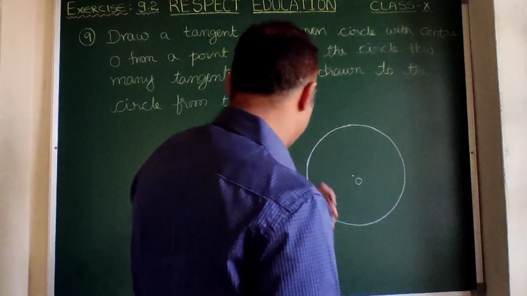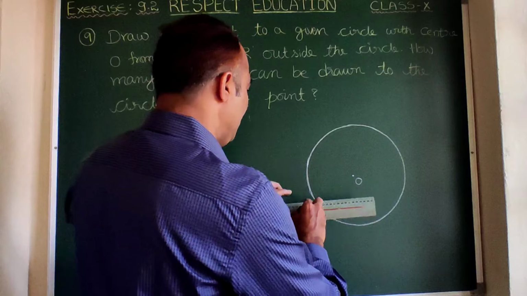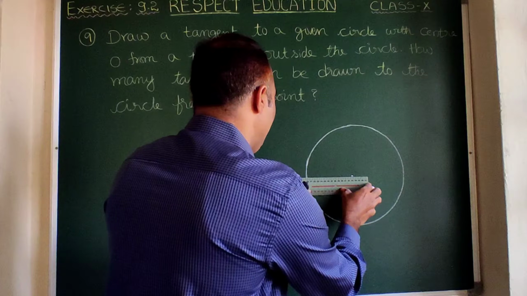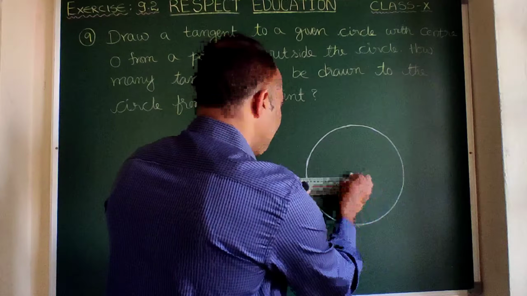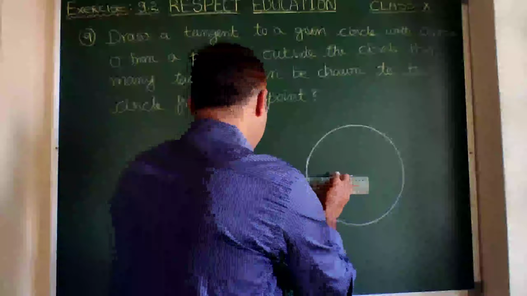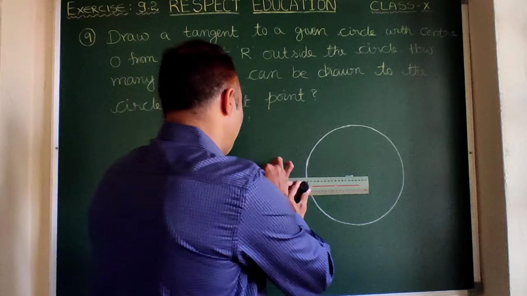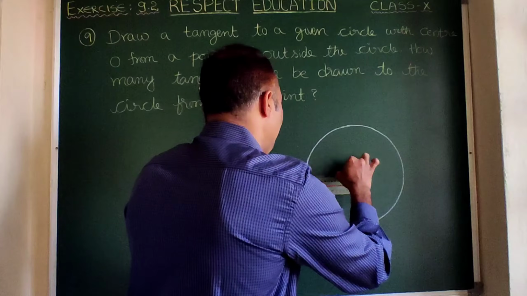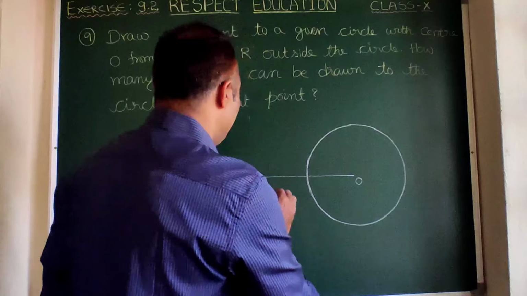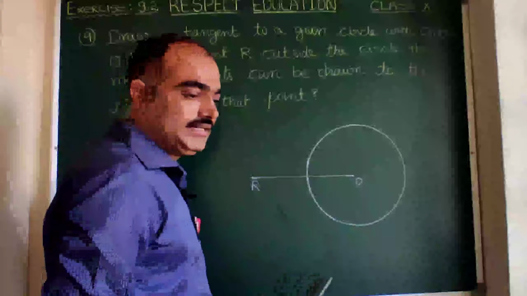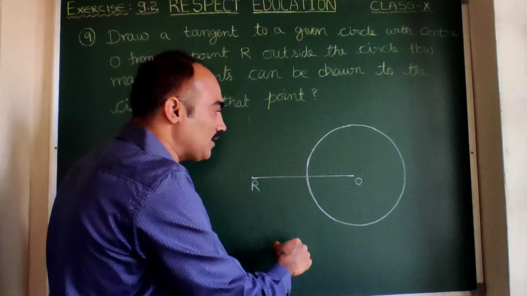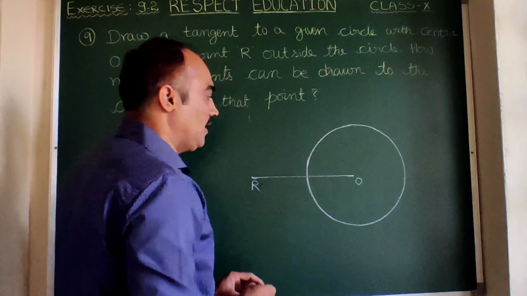For that, the first thing we need to do is join OR. It is joined. After joining it, we have to draw a perpendicular bisector to the line OR.